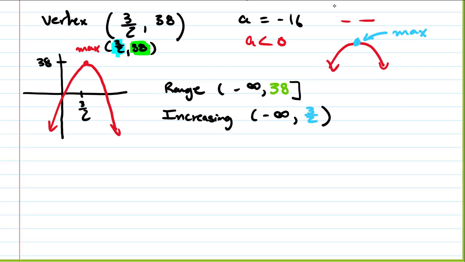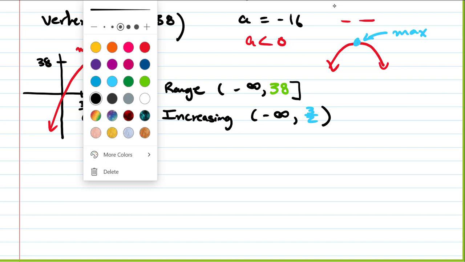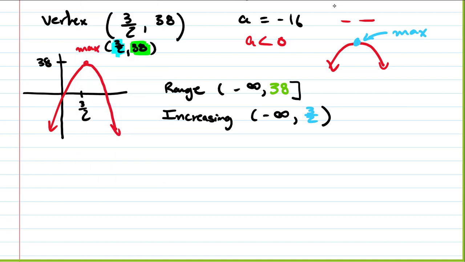So our graph increases to its max, and then after its max, it's going to change from increasing to decreasing. So then it's going to decrease from where its max was at, 3 over 2, to positive infinity.